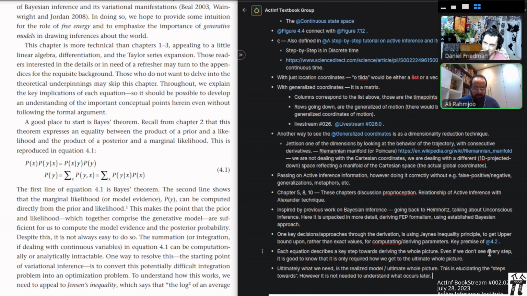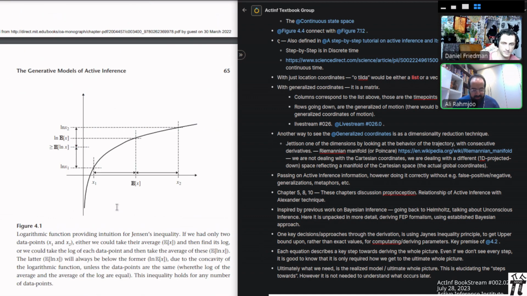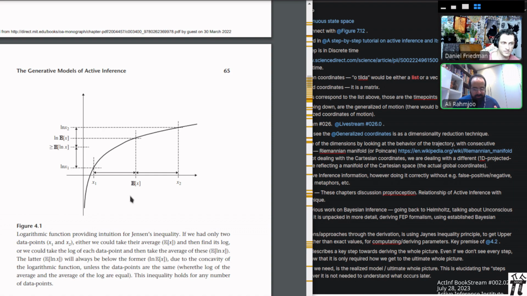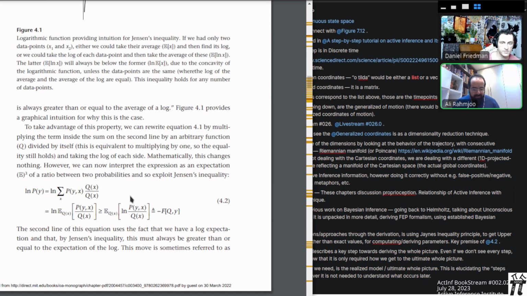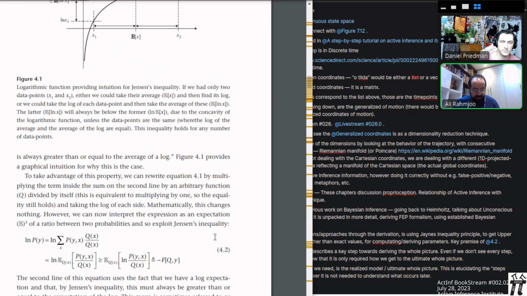So equation 4.2 provides the central Jensen's inequality principle and how it relates to conditional probabilities and, of course, joint probabilities.